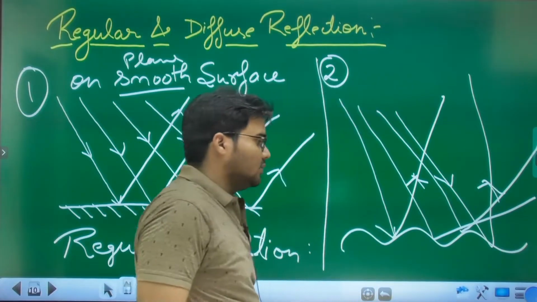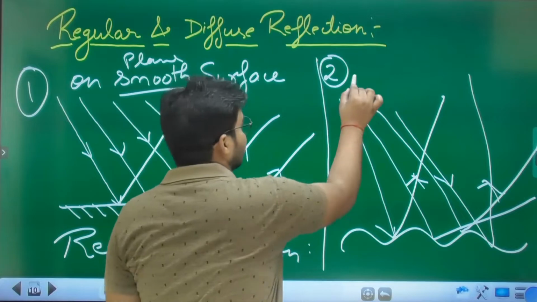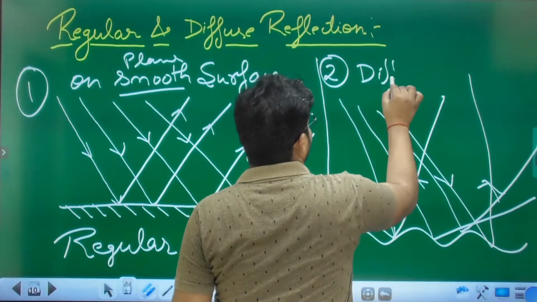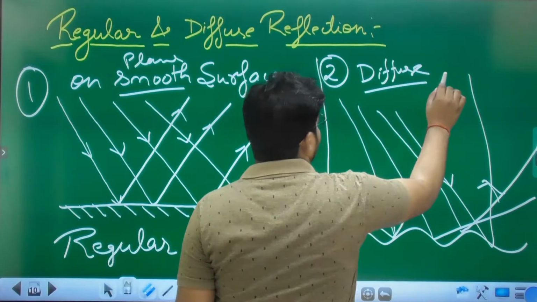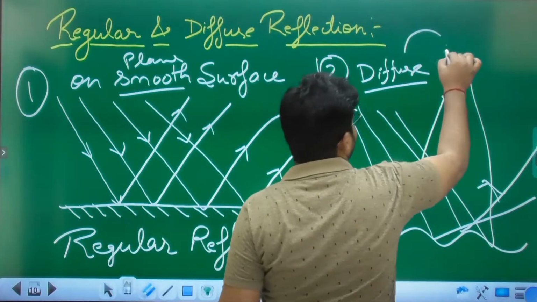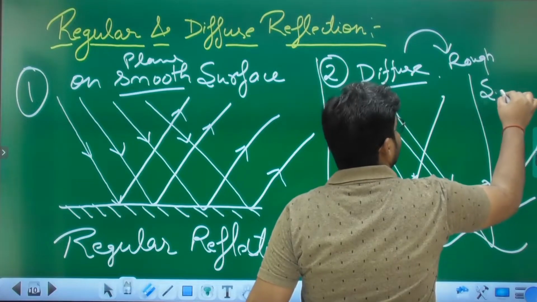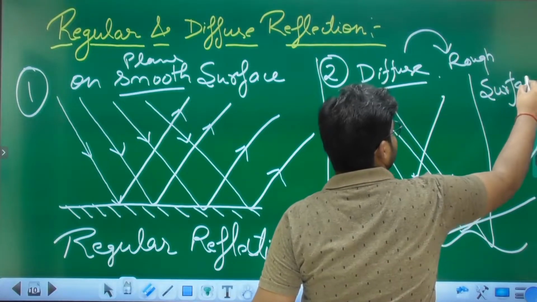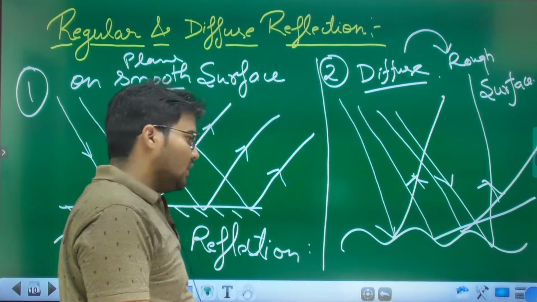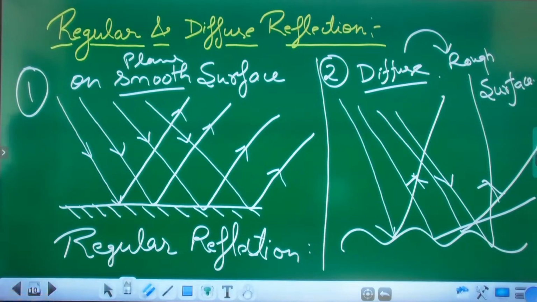Clear? So this type of reflection is called diffuse reflection. What kind? Diffuse reflection, and it occurs on a rough surface. Which surface? Rough surface. Clear? Now move to the next slide.